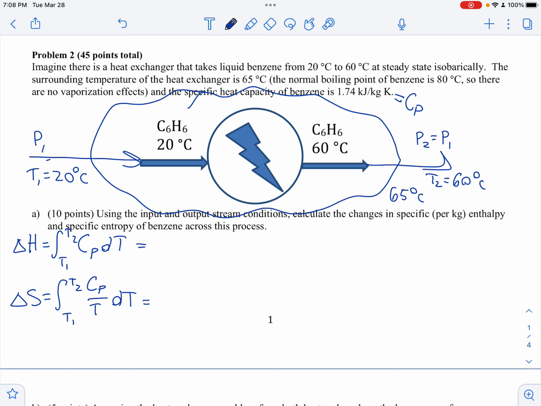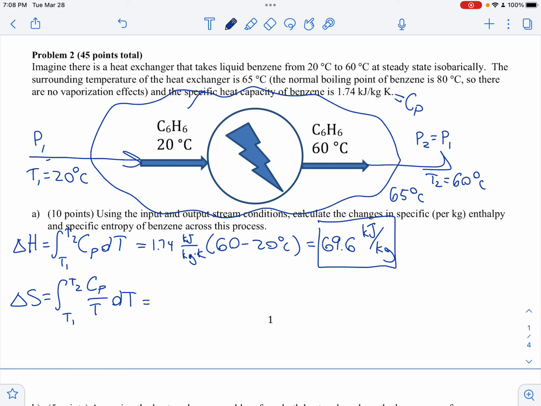So the integral CP dt is just going to be CP times delta T. So it's 1.74 kilojoules per kilogram Kelvin times the delta T, which is 60 minus 20. I don't have to convert it to Kelvin because it's a delta. And this comes out to 69.6 kilojoules per kilogram. That's delta H.